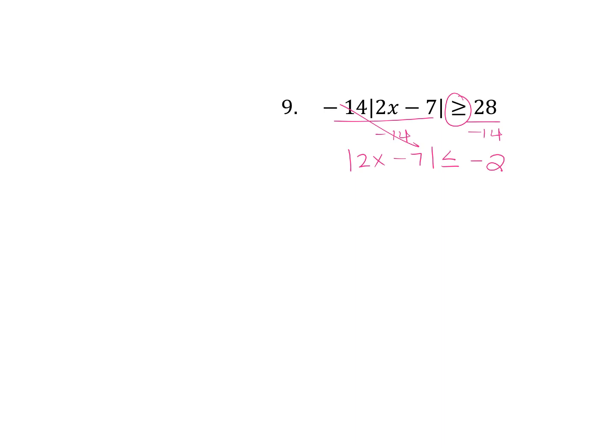We have the absolute value of something is less than or equal to a negative number. There is absolutely no case where the absolute value of something, which becomes a positive number, is less than or equal to a negative number. So because this is never true, this one is no solution.